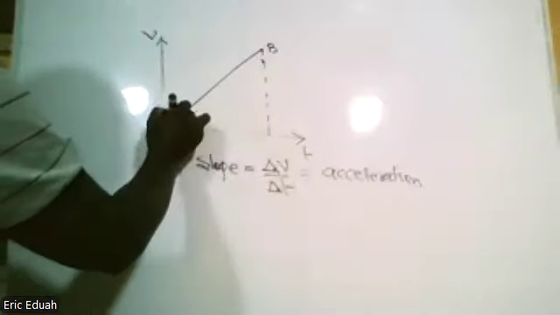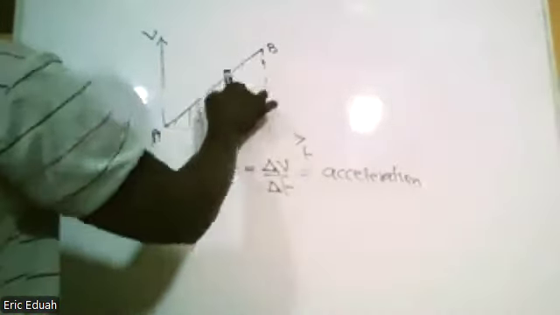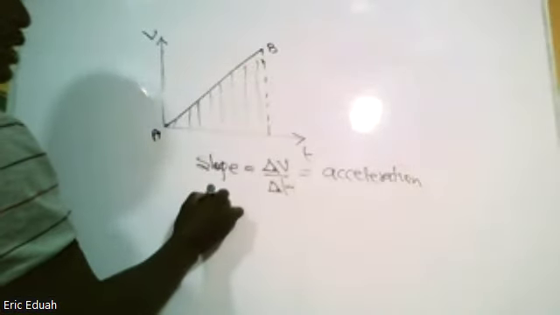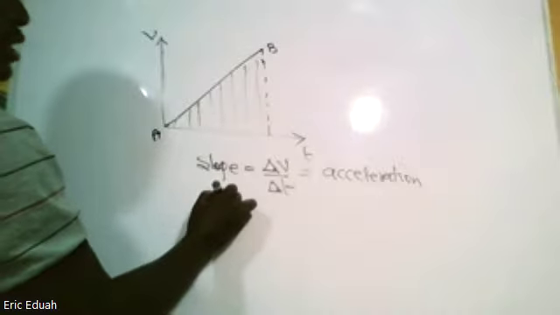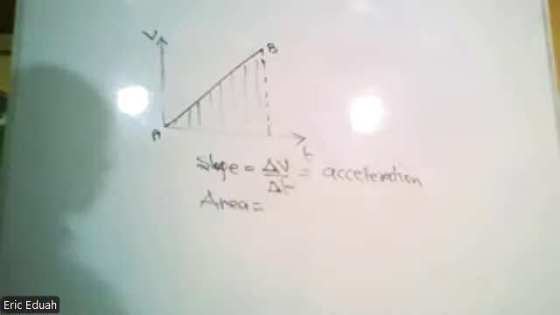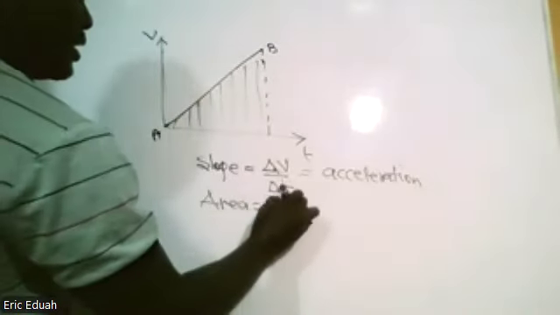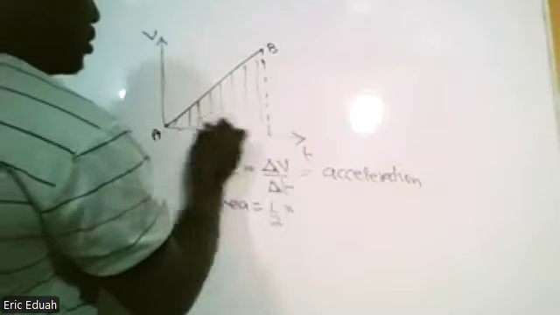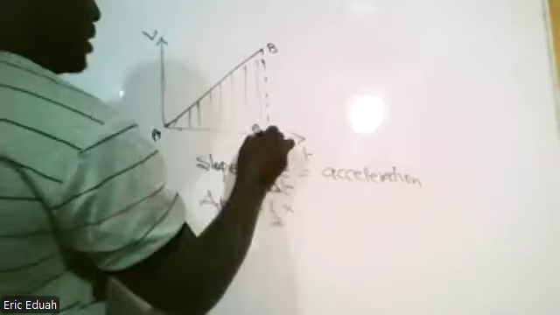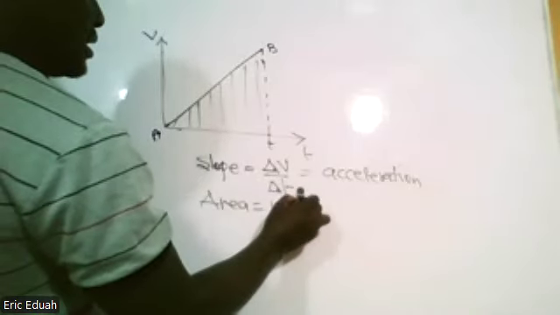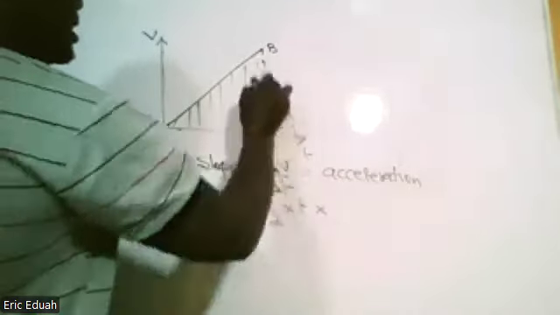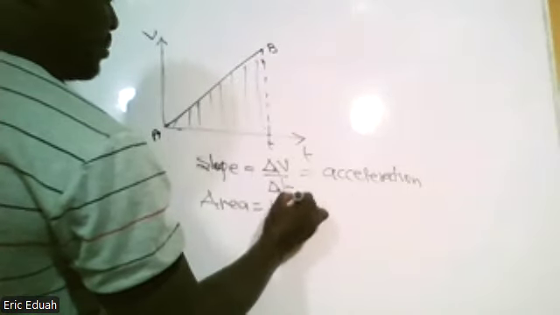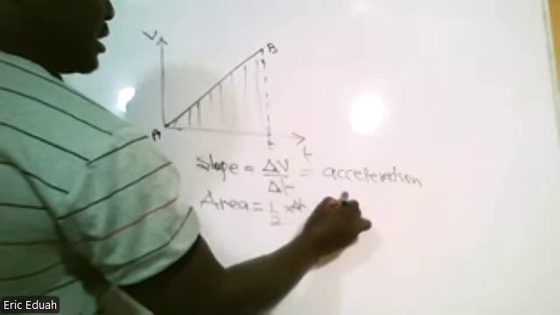Then the area under the velocity time graph gives you the distance. So this area, because it's a triangle, is half times the base. If this is maximum t, the base is t, then the height is the change in velocity, delta v.